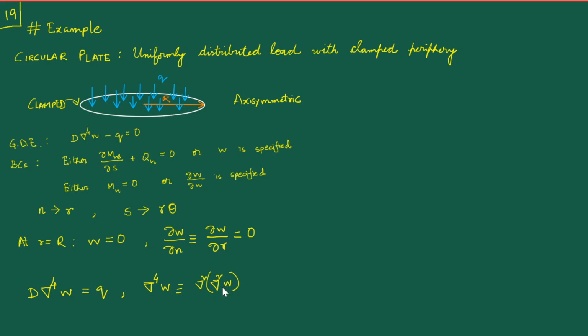If we refer back to our discussions of applied elasticity, we'll see that this Laplacian came about as 1 by r d/dr of r, if we write this W here, it's like this.